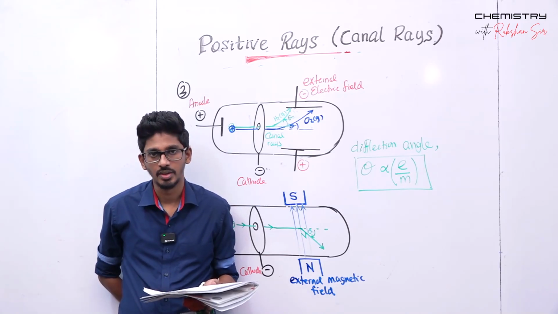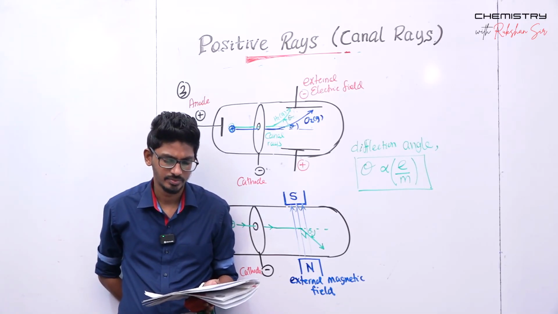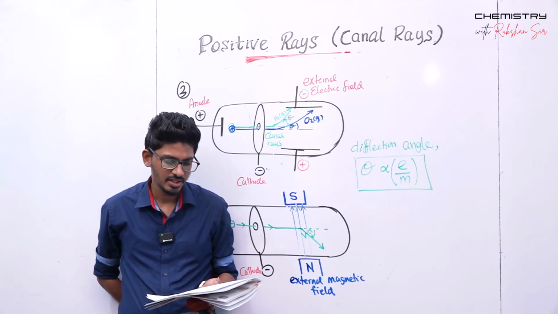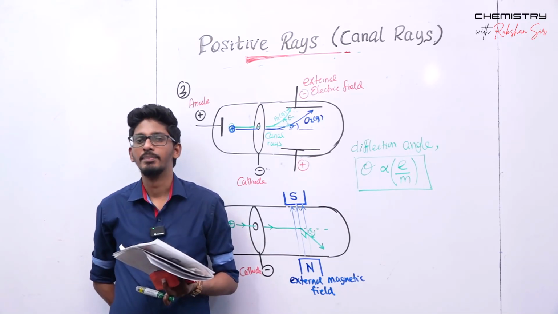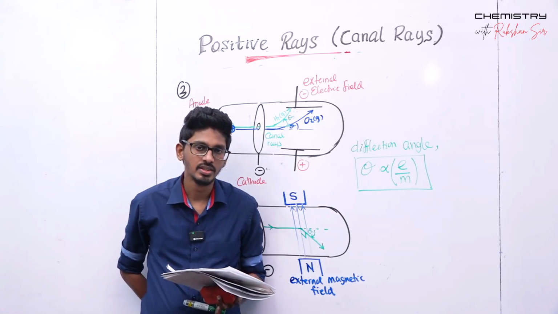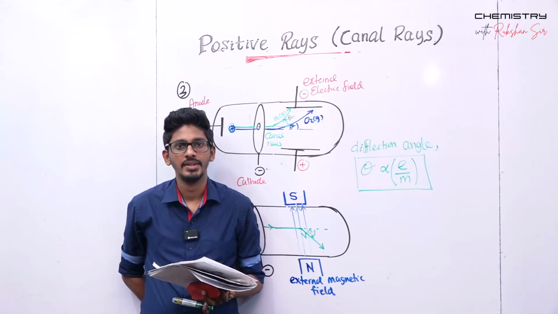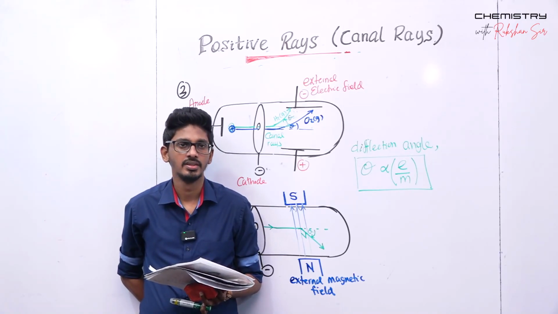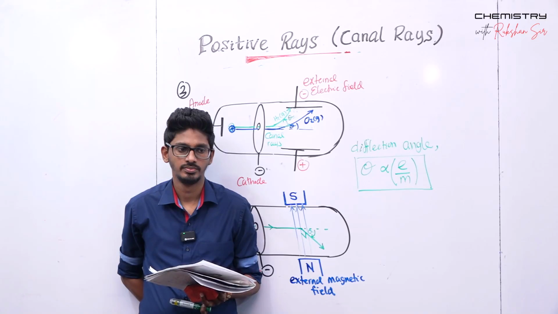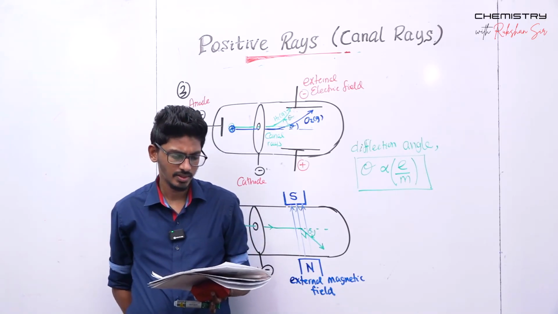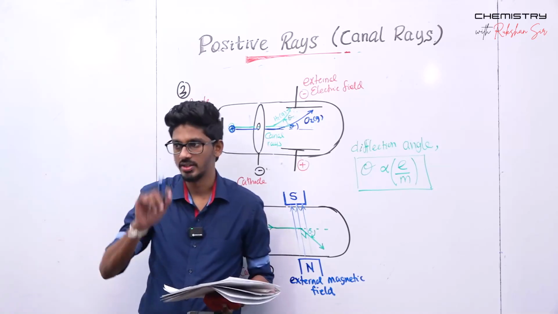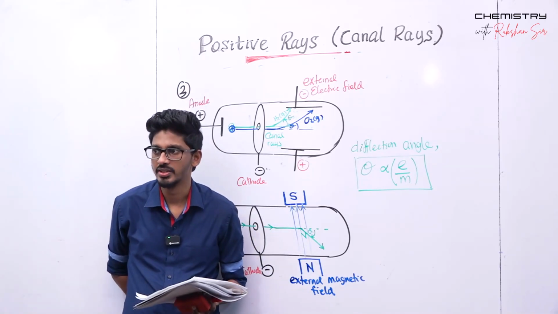Come to the red color and write: depends upon the gas taken in the discharge tube. Now put a dash and write.